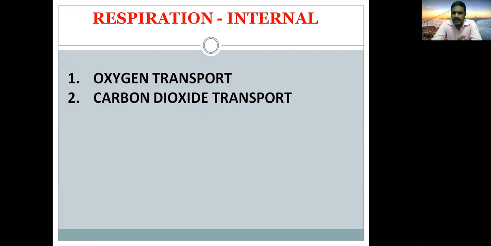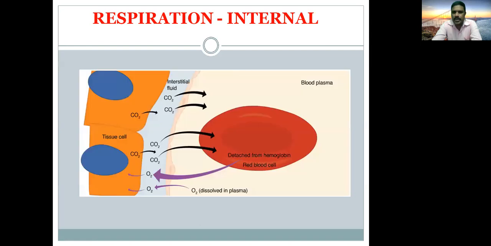In this way, lungs and blood help supply oxygen to each and every cell, and send all the carbon dioxide out of the body. So by the end of these two processes, our cells will have oxygen inside them.